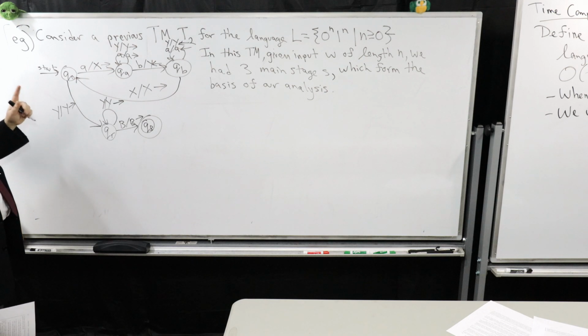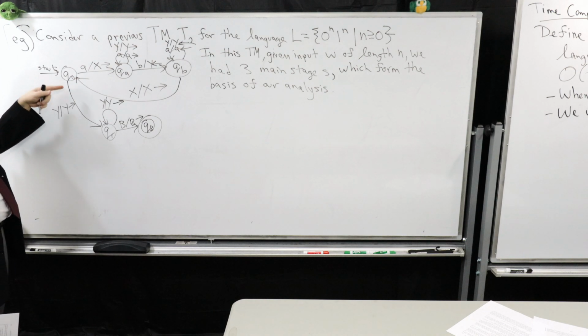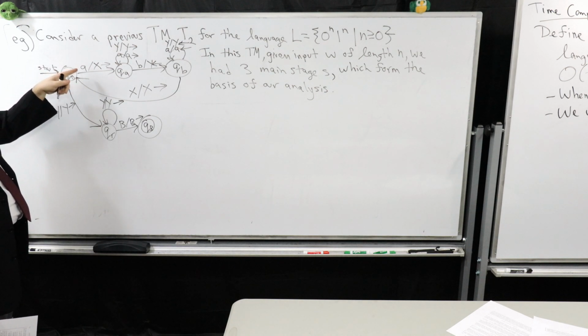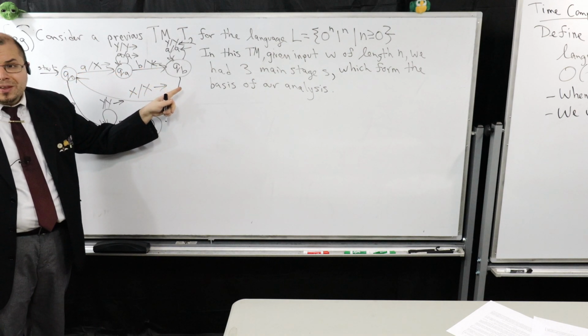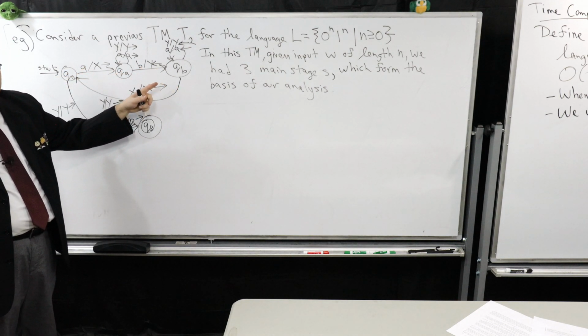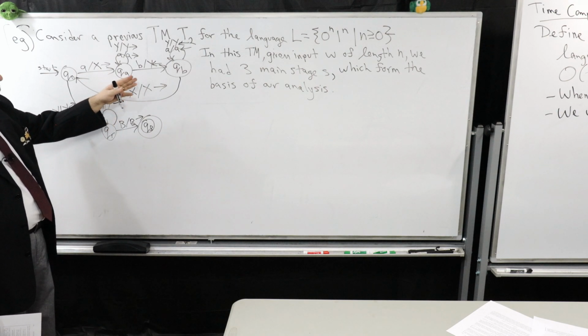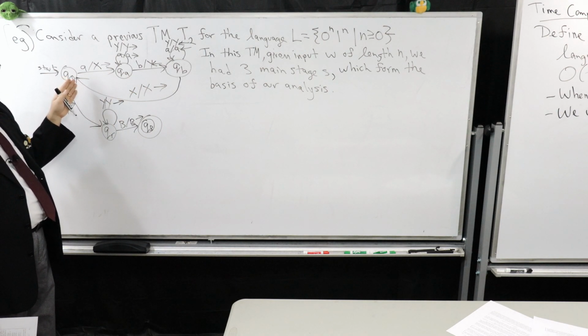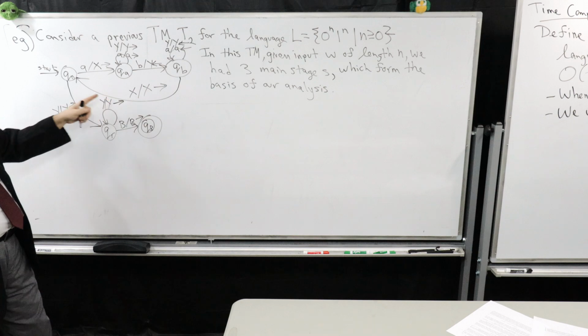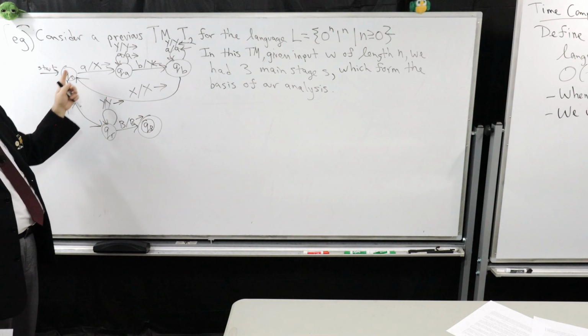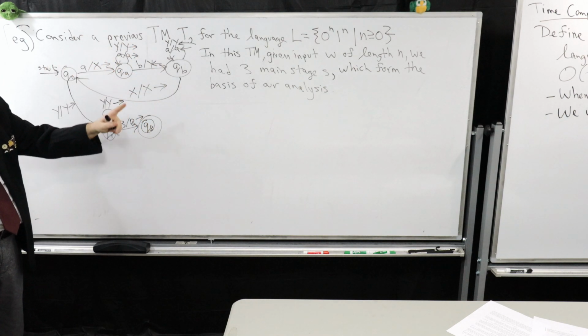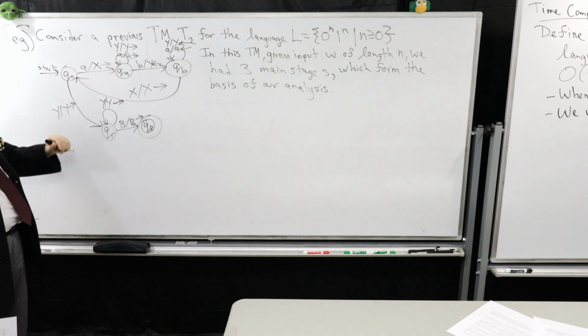So we know, for example, there's 3 main stages here. One is where I try to get an A to match with a B, right? And then I have this process where I'm going to sweep back. But remember, when I do that, it causes me to repeat this again and again until I don't see an A, right?